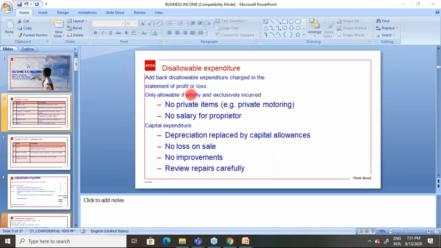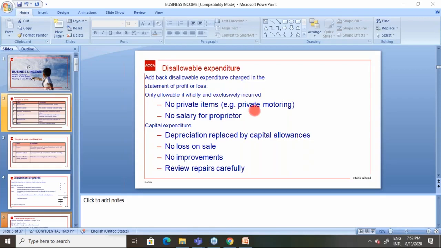No private items are allowed as an allowable expenditure. So if there's any element of private use, we need to disallow it.